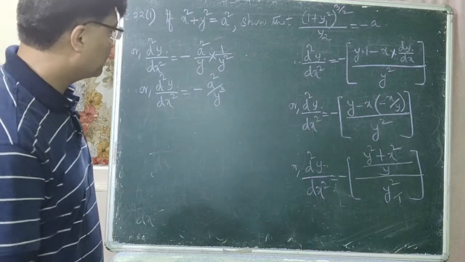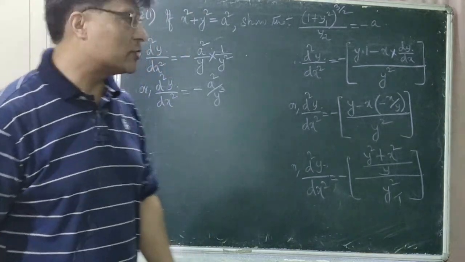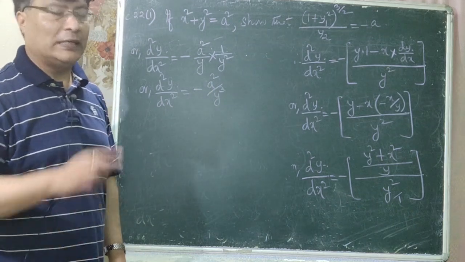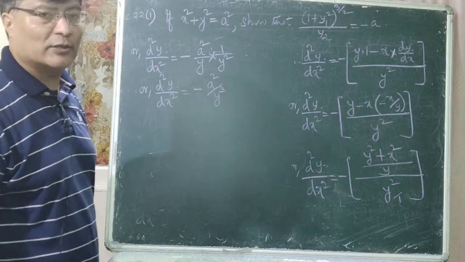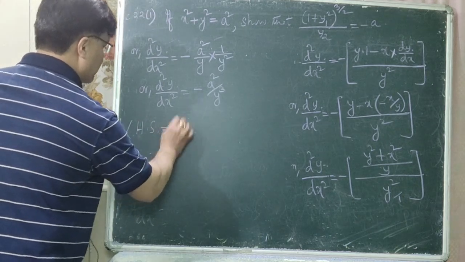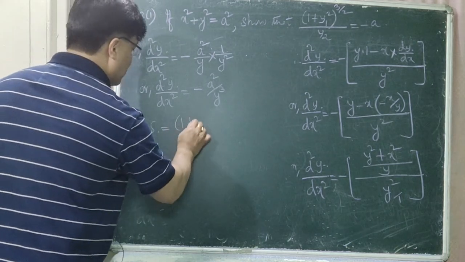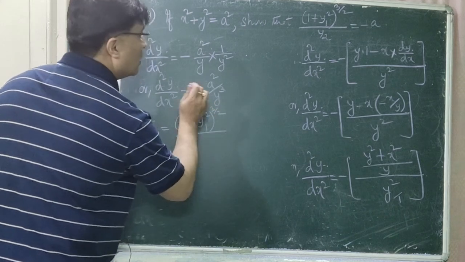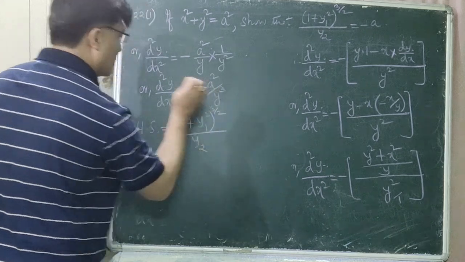That is d2y by dx square is equal to minus a square by y cube. Now let us prove this LHS is equal to RHS. So what is left hand side now? LHS is equal to 1 plus y1 square whole to the power 3 by 2 divided by y2. Okay?